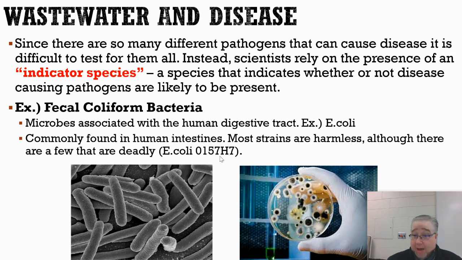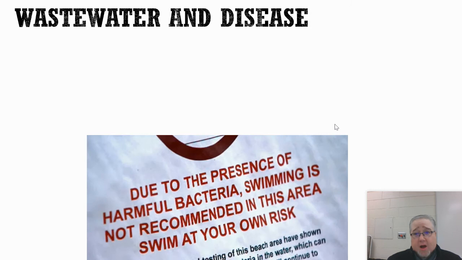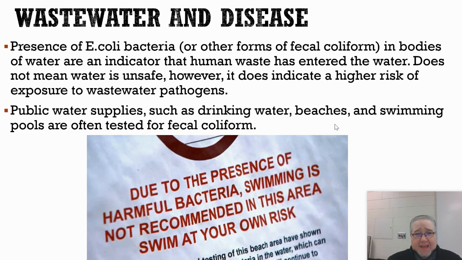That one is found in the intestinal tracts of cows and other farm animals. And if that gets into your water supply, that can get you really, really sick. But again, most of these fecal coliform really aren't harmful. But if they are in the water, then it usually indicates to us high levels of animal waste, which could mean other diseases. So we do constantly check our water supplies, not just drinking water, but for example, the water at the beach, swimming pools.